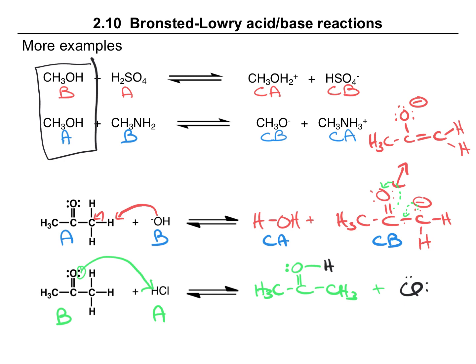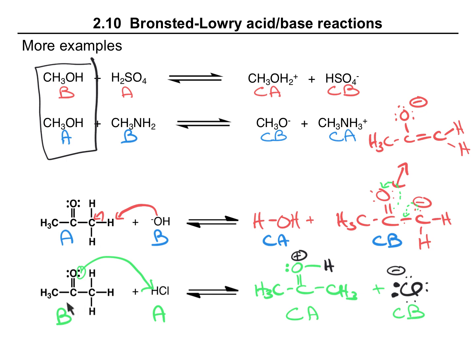So these three lone pairs were originally present, and now there's another lone pair, and there's a negative formal charge on the chlorine and a positive formal charge on the oxygen. Acetone has acted as the base, forming this conjugate acid, and hydrochloric acid acted as the acid, giving us chloride as the conjugate base.